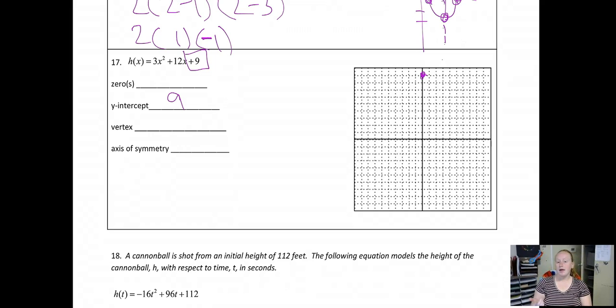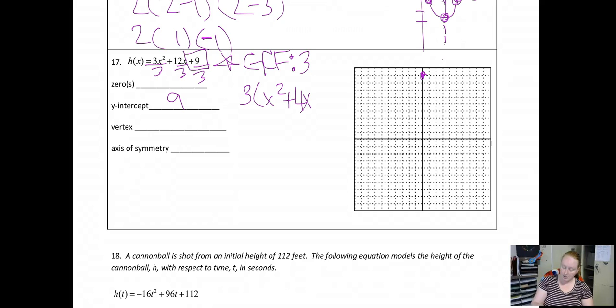Okay. From the start, I'm always looking to factor out a greatest common factor if I can. I have one here. It's a 3. So I'm going to take a 3 out of everything. When I do that, I get x squared plus 4x plus 3. Then I'm going to use my box and the X, or the diamond if you prefer calling it the diamond.